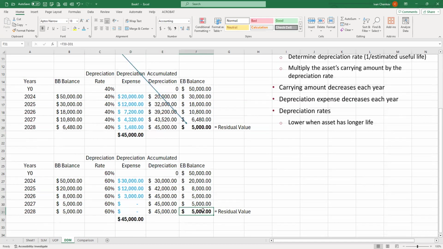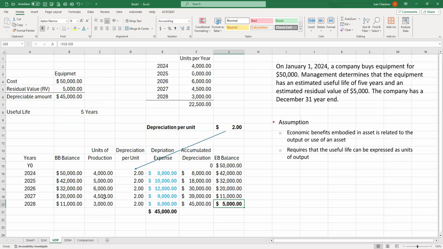But again, at year 5, you have to have the residual value sitting and waiting for you. And the total depreciation expense that you can take over the useful life of the machine is $45,000. Okay. Does that answer the question? I hope that answers the question.